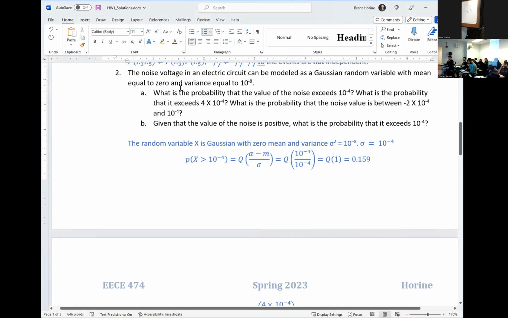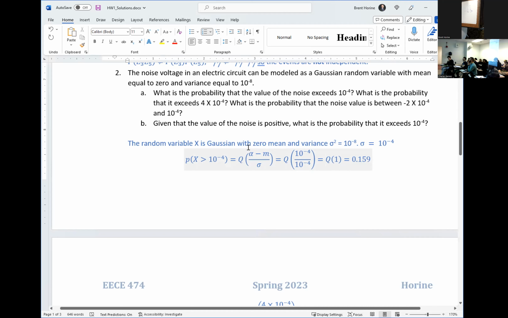So think through how you want to set up the problem based upon this and understanding what the Q function is giving us here, right? If we're starting with a Gaussian random variable, first of all, then the Q function applies, right? And so what is the probability that X is greater than some alpha?